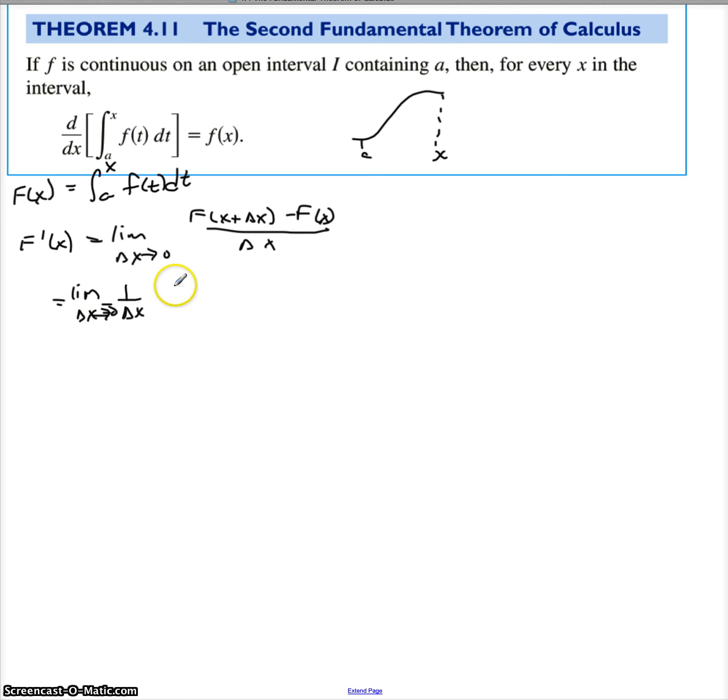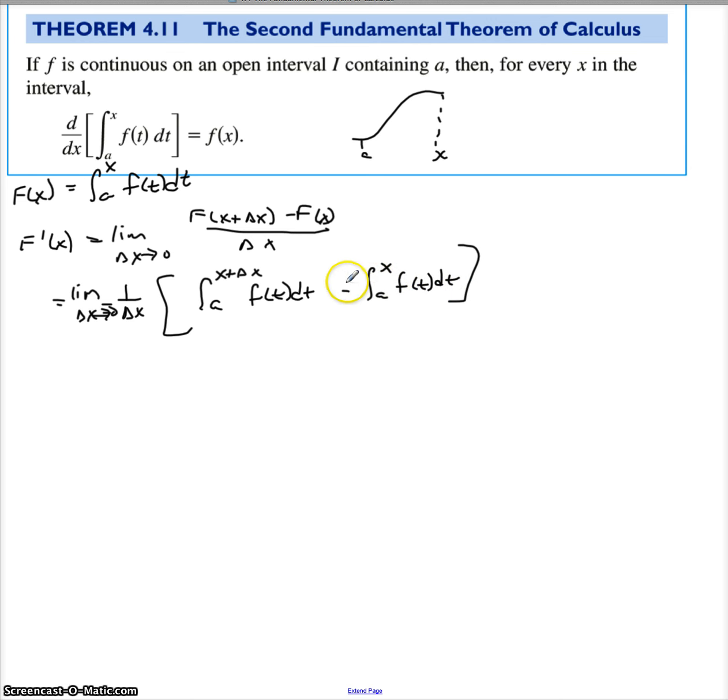This is equal to... now, f of x plus delta x, everywhere I have an x here, I'm going to replace it with x plus delta x, is the integral from a to x plus delta x of f of t dt, minus f of x, which is just the integral from a to x of f of t dt. Okay, we're in pretty good shape here.